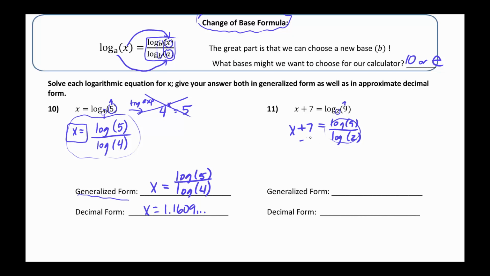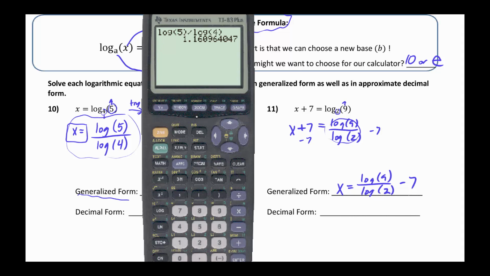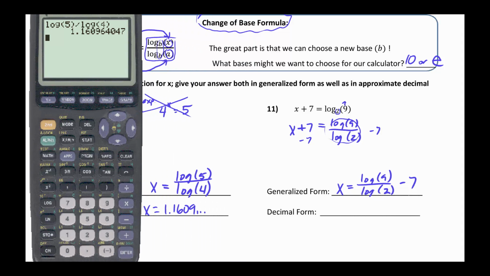In order to get rid of that 7, you subtract it from the end. So my generalized form: x equals log of 9 over log of 2, and subtract 7 from that answer. Let's see what that is on the calculator.